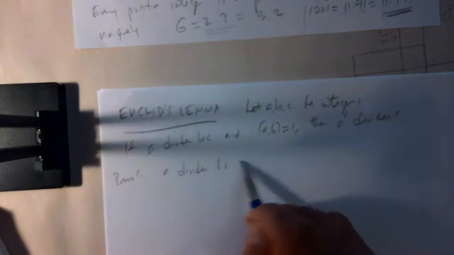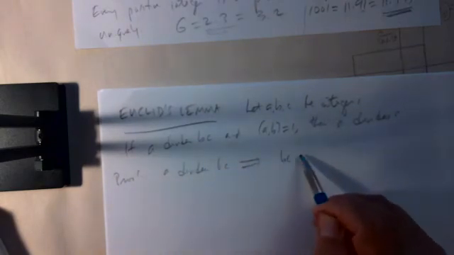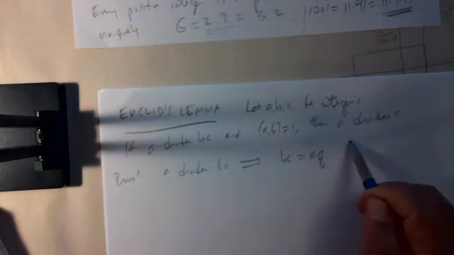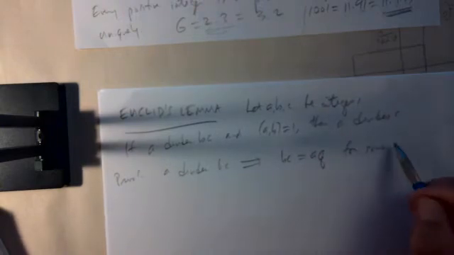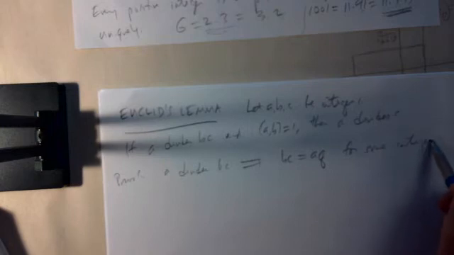A divides BC means BC is A times Q, for some integer Q.